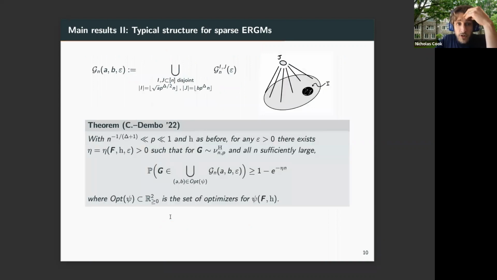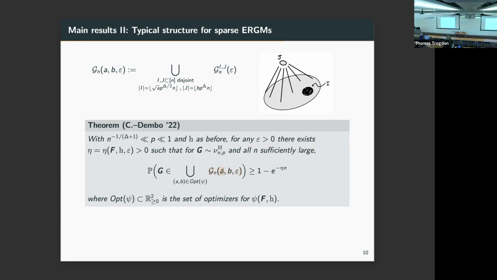And so our structure result says that, as in the previous result, we're now letting p also tend to 0. For any fixed epsilon, with exponentially high probability, if you sample a graph from this ERGM measure, then for large n, your graph will lie in one of these sets.